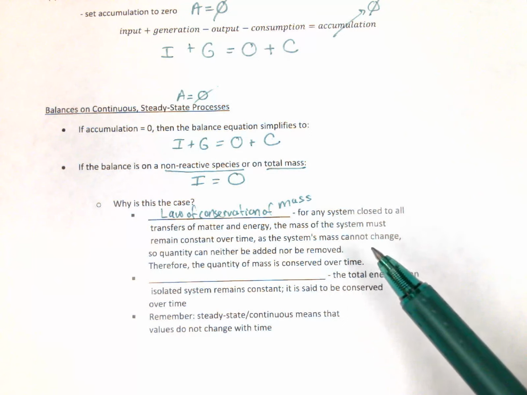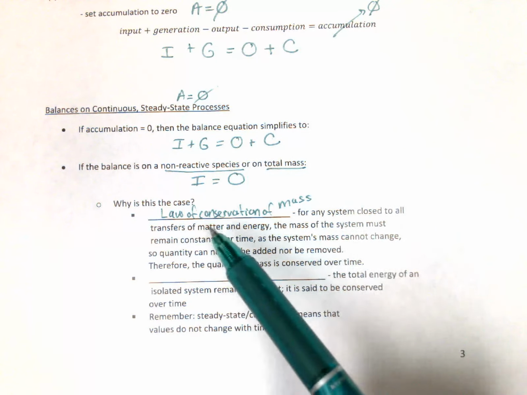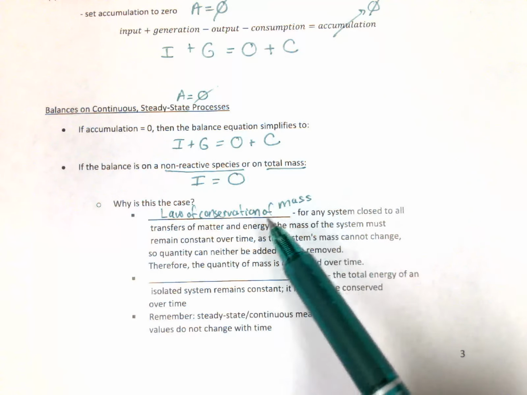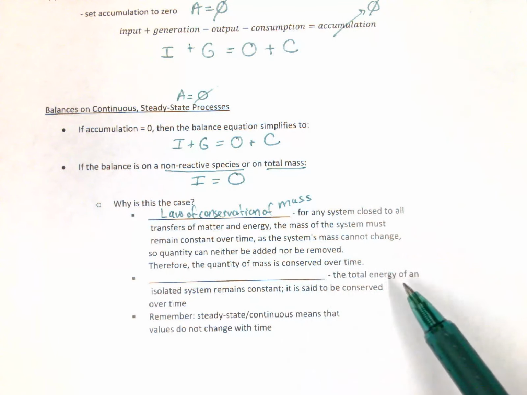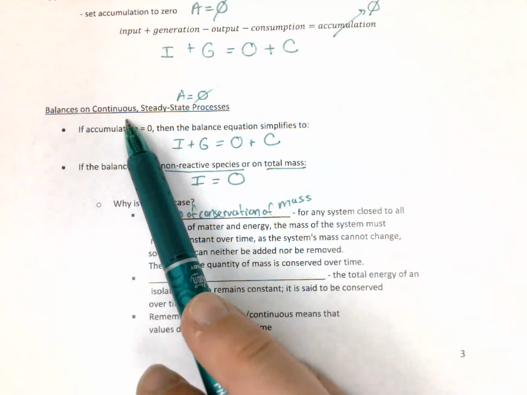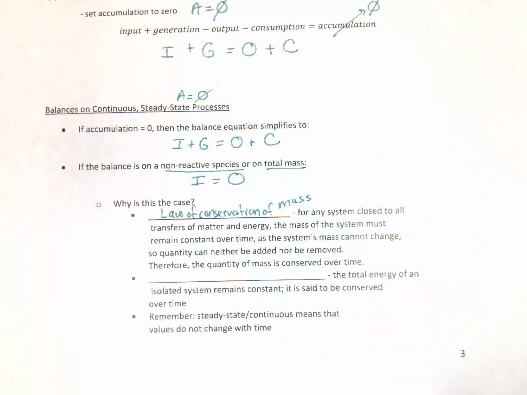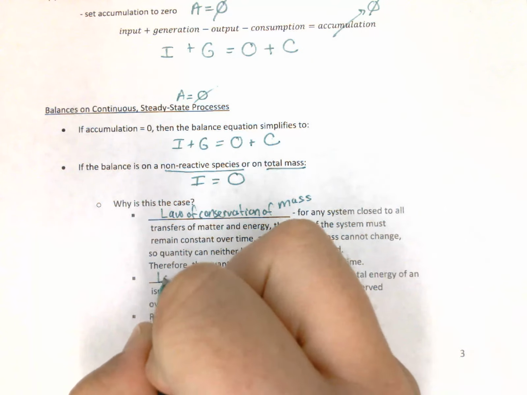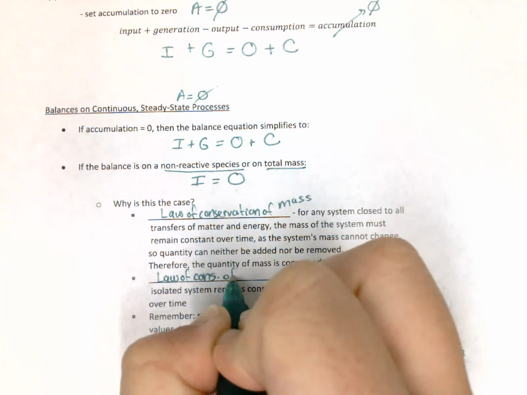The system's mass can't change, so you can't add or remove any quantities. This is really important, the fact that we have this very basic law. So the quantity of mass is conserved over time. Many times, well, all the time actually, if it's continuous and steady state, you're always going to get input equals output.